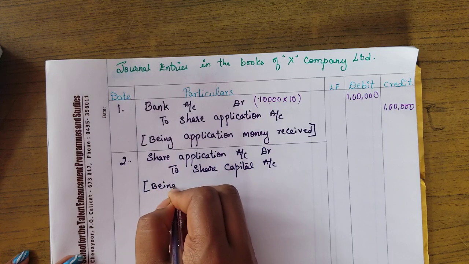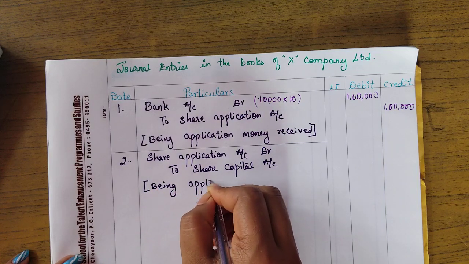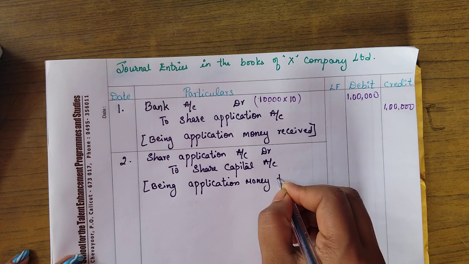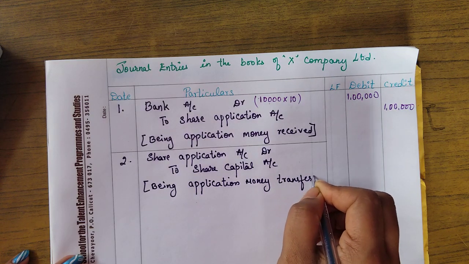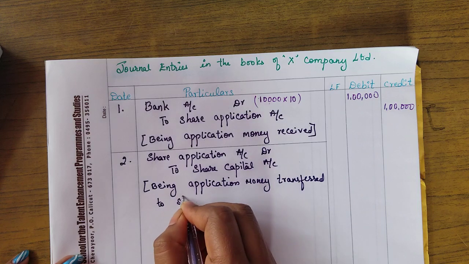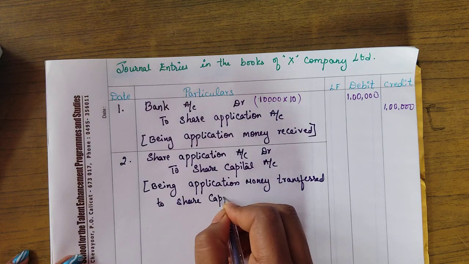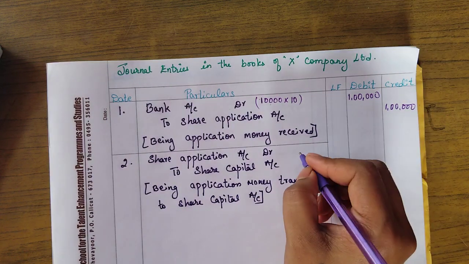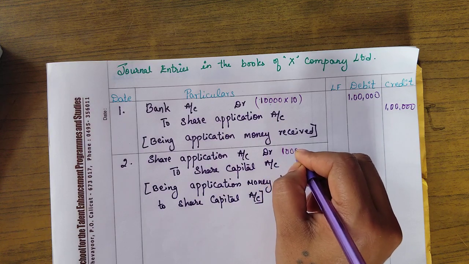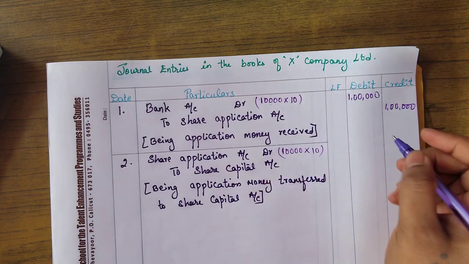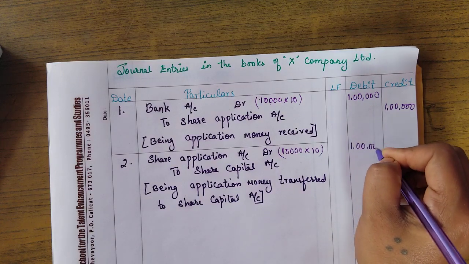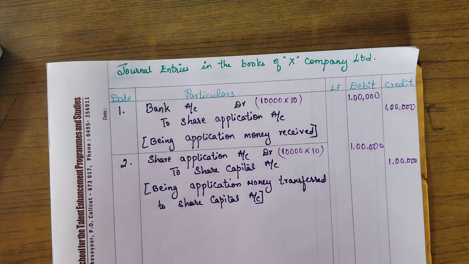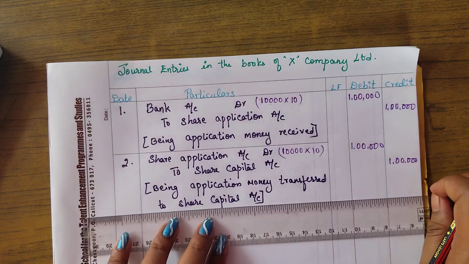Narration: being application money transferred to share capital account. Here also we transfer the same amount, 10,000 into 10 rupees application money, so it is 1 lakh. So we are transferring 1 lakh to share capital account.